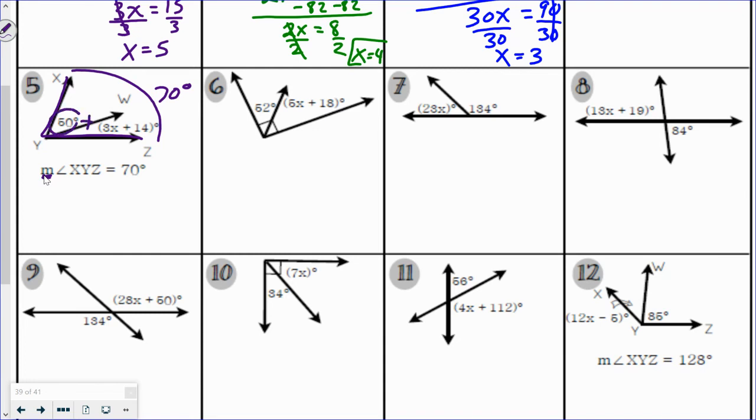I need to add 50 and 14, so 3x plus 64 equals 70. Subtract 64. We get 3x equals 6. So divide by 3. x equals 2 for my final answer.